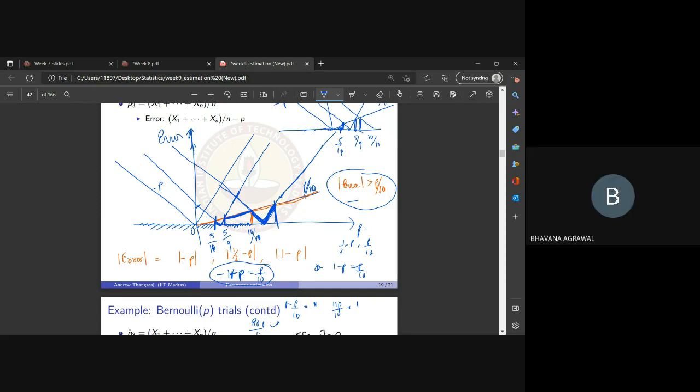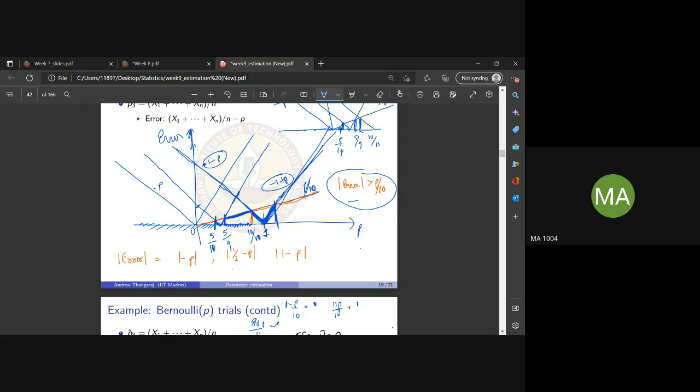Here I am confused. Wait, I will explain this graph again, okay? This part. Let's see. This is going to the positive side, na, ma'am? Yeah, so what is this line? This is minus 1 plus p, and this line is 1 minus p, right? Yes, ma'am. And this is 1.